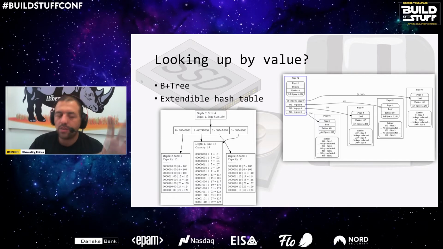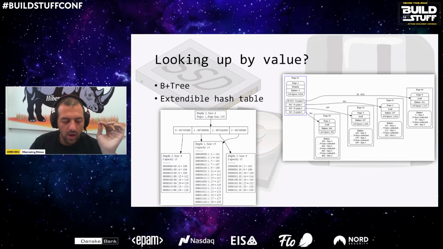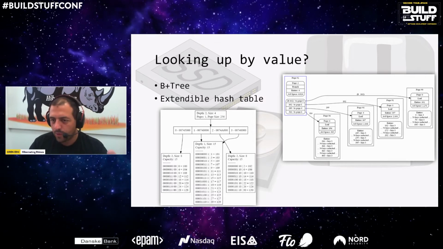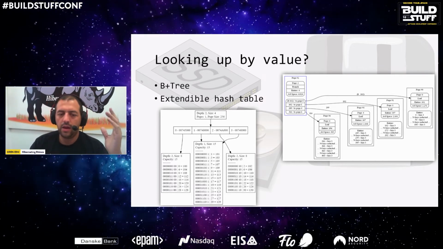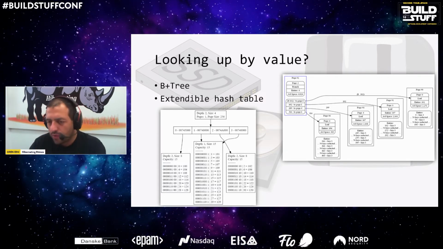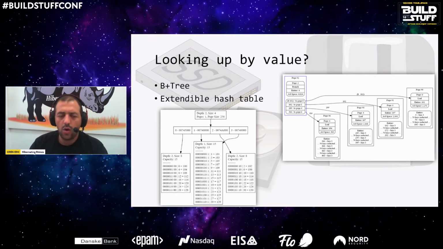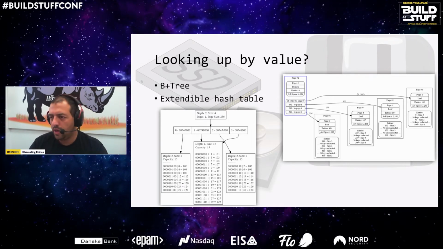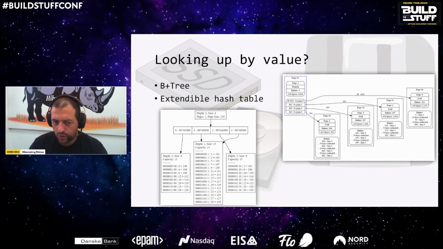The idea with extendable hash table is that this allows you to have O(1) access with all of the usual benefits of that. Regardless of the data size, you can do a lookup by key, but all of the downsides as well: no order iteration, no ability to do sorts or seeks or any of those sort of things.